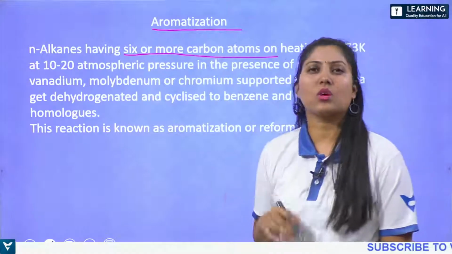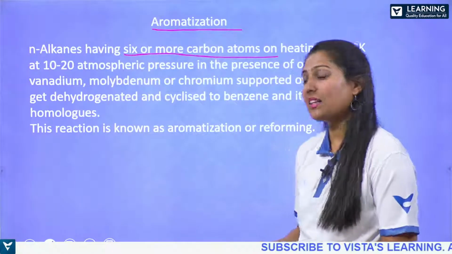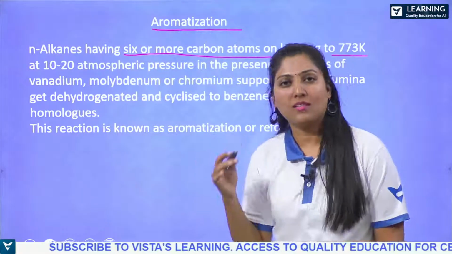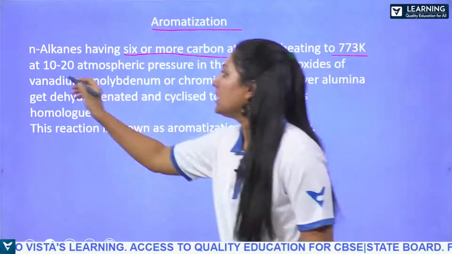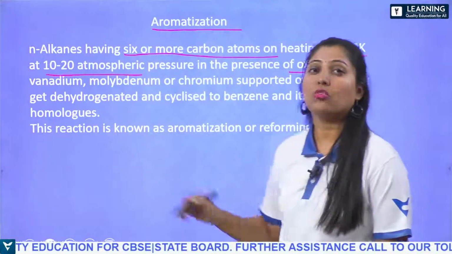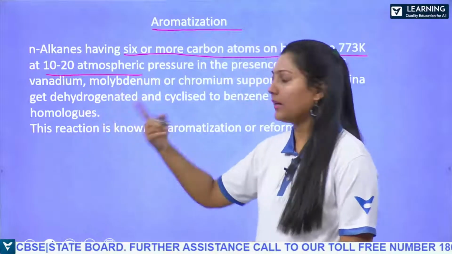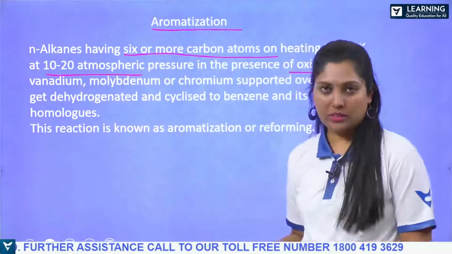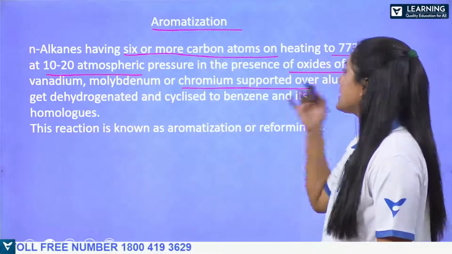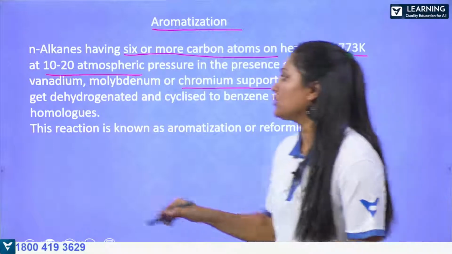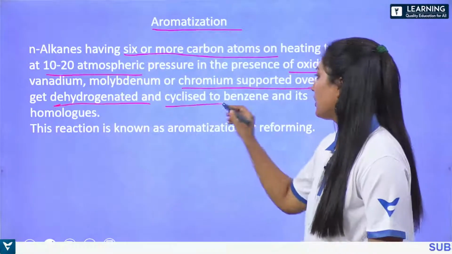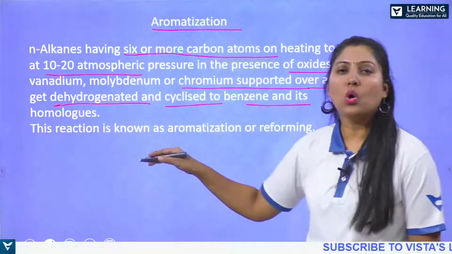On heating them at a high temperature of around 773 Kelvin at 10 to 20 atmospheric pressure in presence of oxides of vanadium, that is vanadium pentoxide, or molybdenum oxides or chromium oxides, supported over alumina, they get dehydrogenated and cyclized to benzene and its homologues.